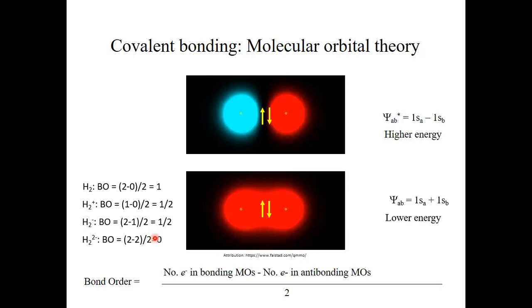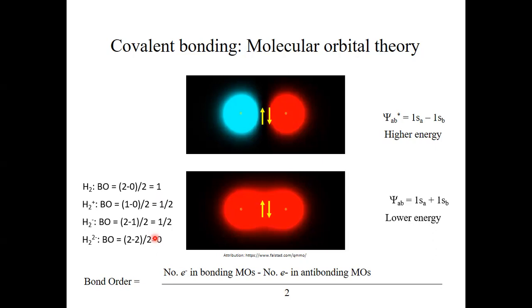So you can see that molecular orbital theory can help you to understand why certain molecules exist and why they do not exist, and it can also predict the stability of molecules. So whenever the bond order is larger than 0, then there's a potential for this molecule to exist. When the bond order is equal to 0, then this respective molecule should not exist.